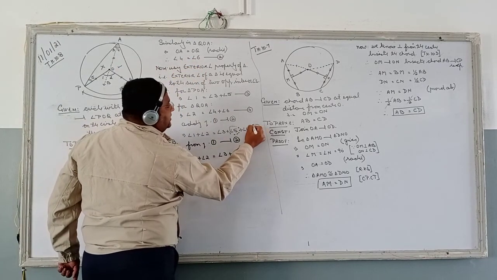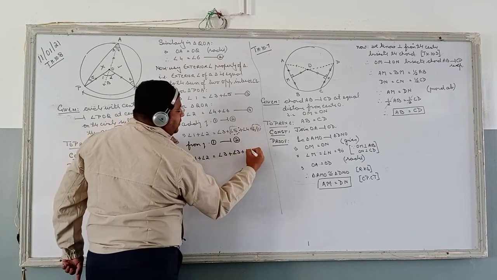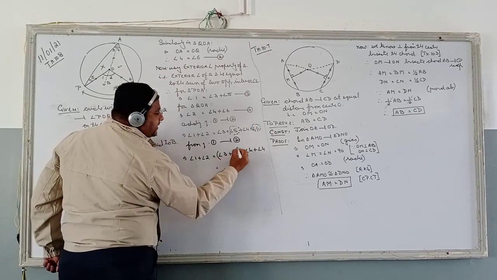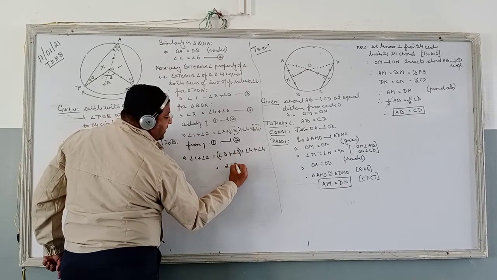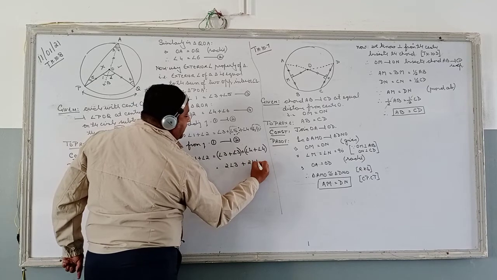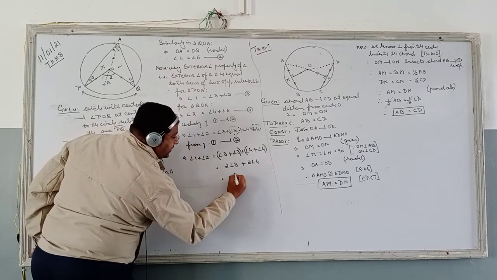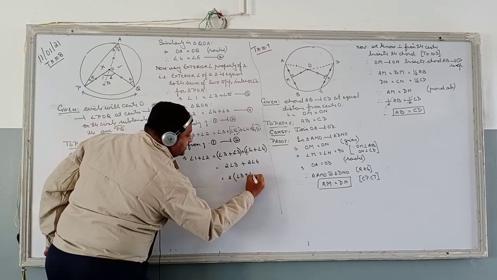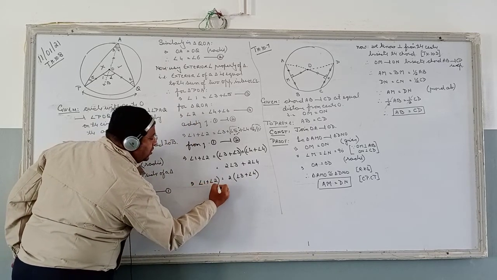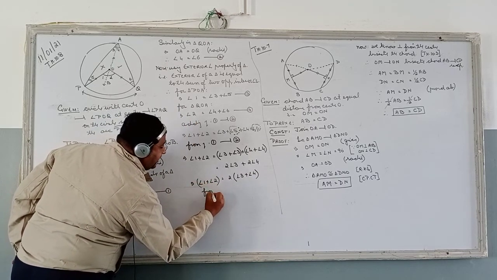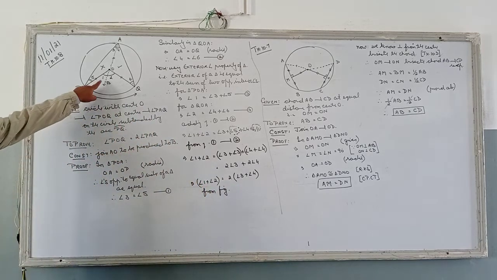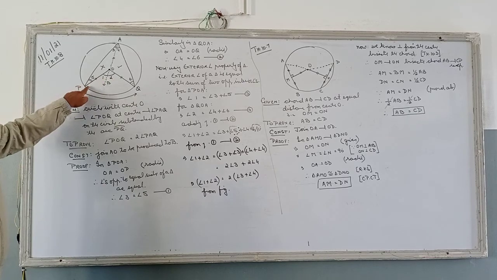So angle 3 plus angle 3, twice of angle 3. Angle 4 plus angle 4, twice of angle 4. 2 is common, so you are left with angle 3 plus angle 4, and here you are left with angle 1 plus angle 2. Now from figure, check. From figure, angle 1 plus 2 is which one?